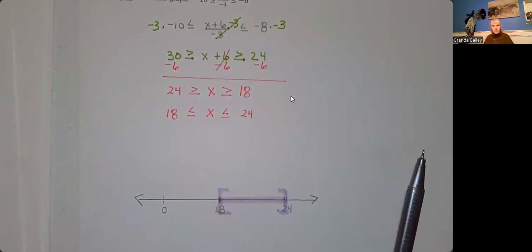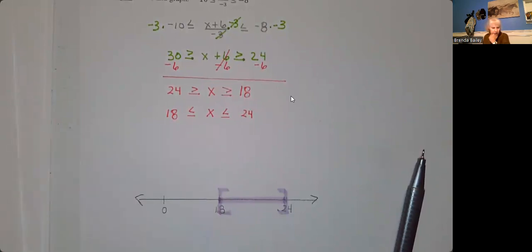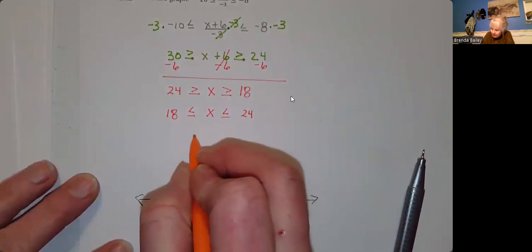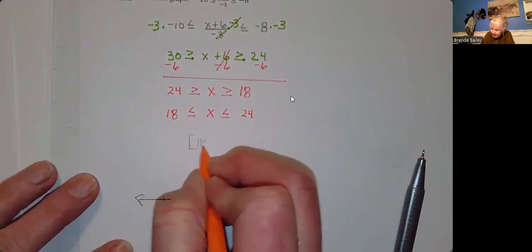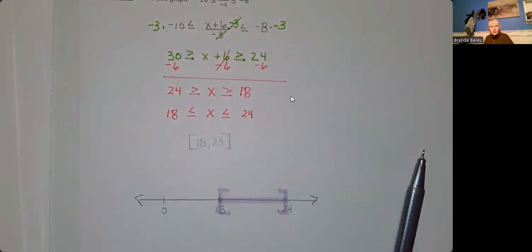So there would be your solution. X is numbers between 18 and 24. This is a compound. It's your set notation using inequalities, and your interval notation would be 18 to 24, and you're including those numbers.